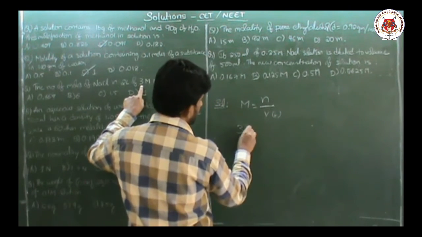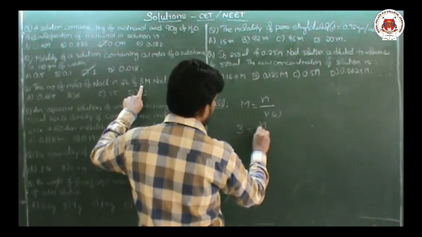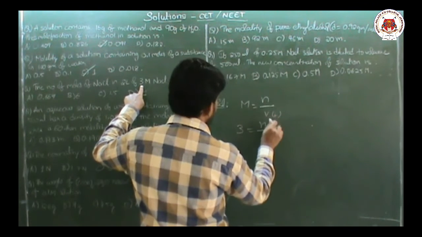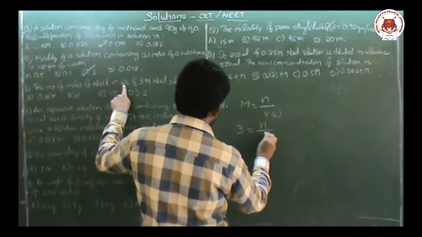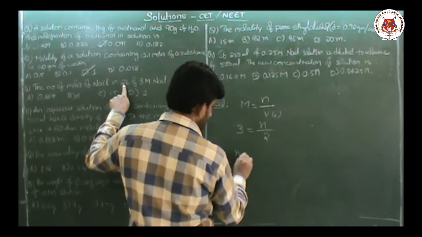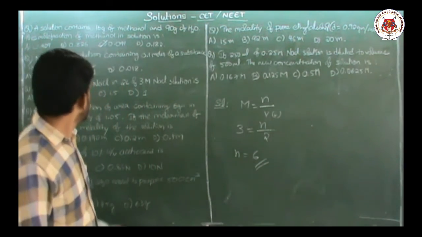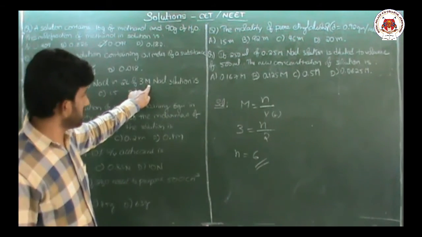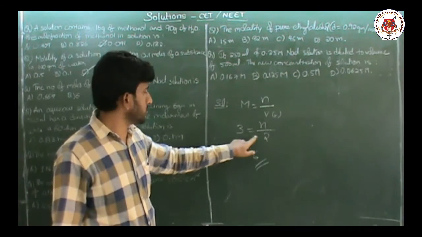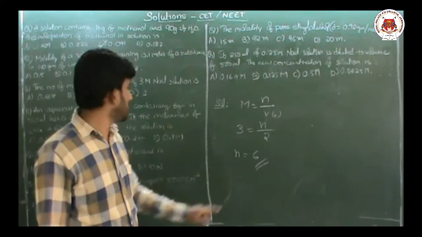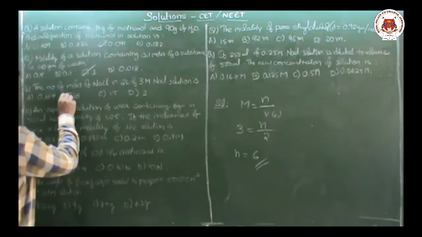Molarity given is 3, and the volume is 2 liters of solution. So what is the number of moles? N is equal to 3 into 2, so it is 6. Answer is 6.